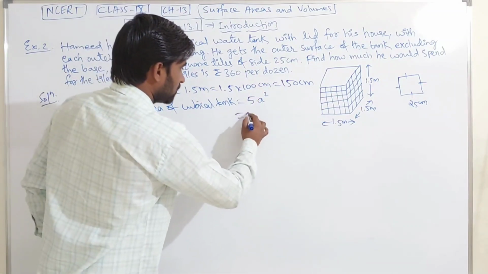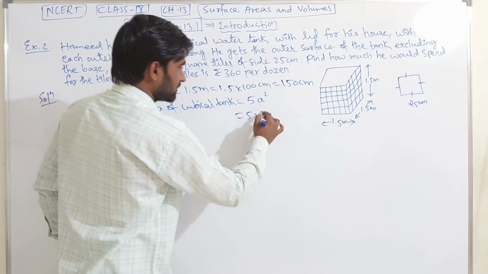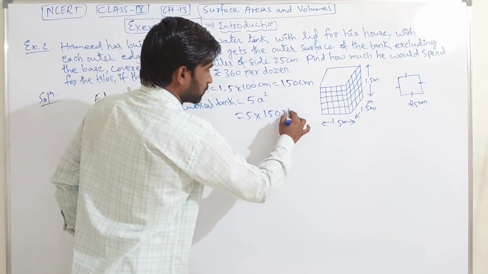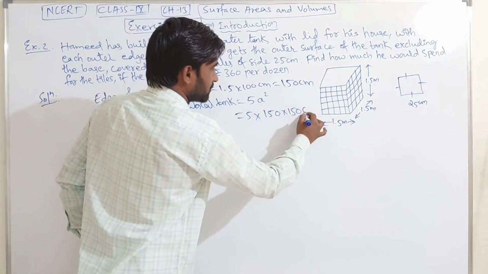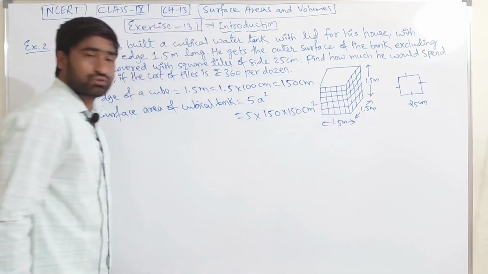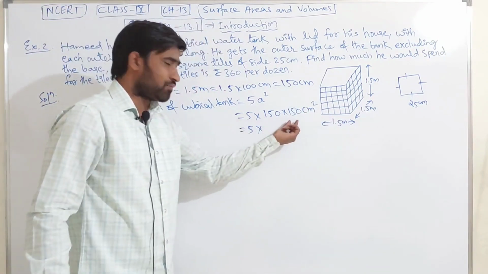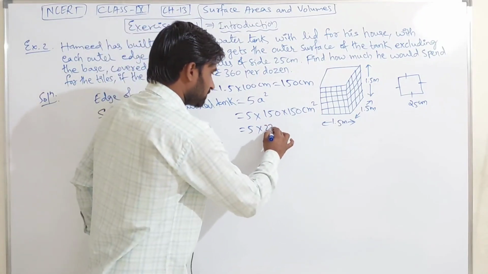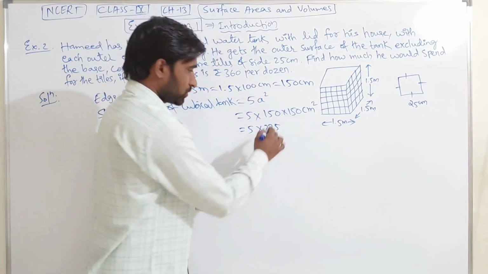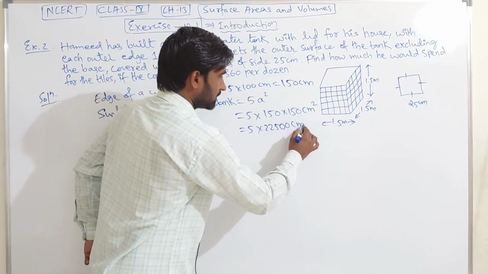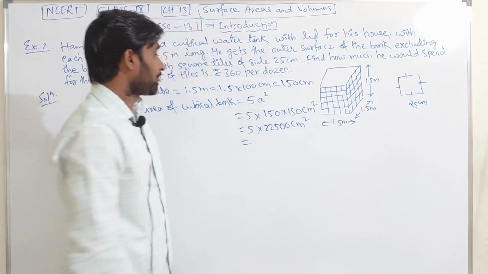Apply the values: 5 times a square means 5 times 150 multiplied 2 times, centimeter into centimeter, centimeter square. Next, 5 times 15, 15s are 225, and put 2 zeros, centimeter square. So now multiply by 5.